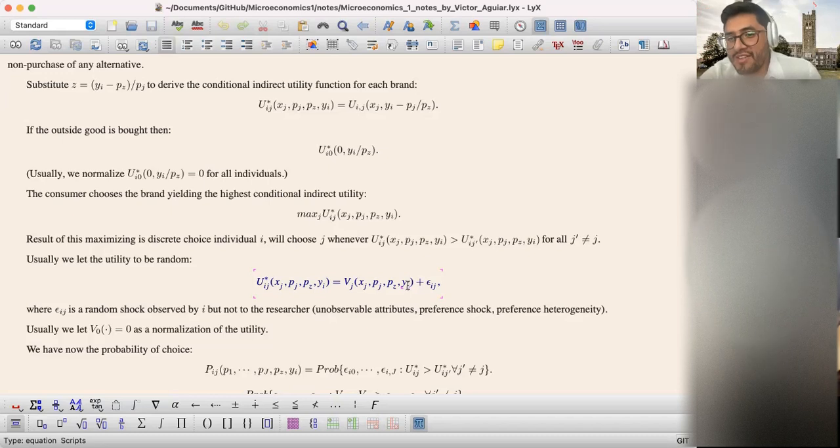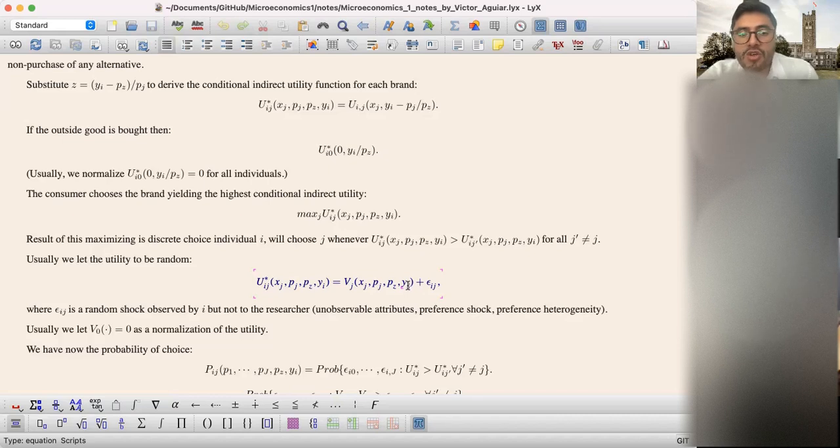So this epsilon ij is really cool because it's a new way to model the behavior. It's going to be essentially a random variable, a random real variable distributed under some random distribution, right? That is going to change across individuals in a very particular way.